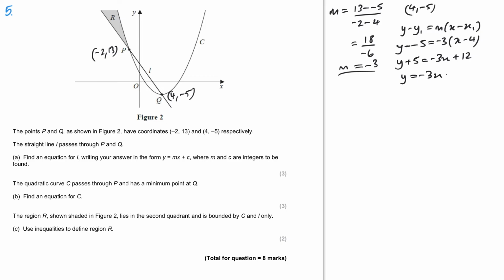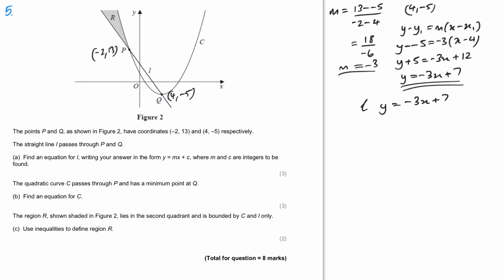And obviously then take away the 5 at the end. So that gives me my equation, which is called L. So L here is y equals minus 3x plus 7. Does it make sense? It is a negative gradient. It does cross below the value of P, which is 13 for the y. So this does make sense.